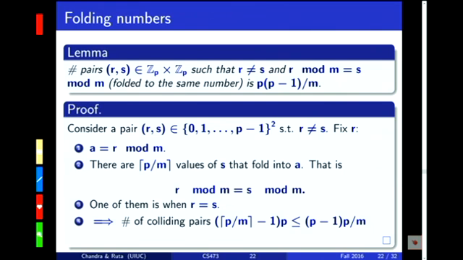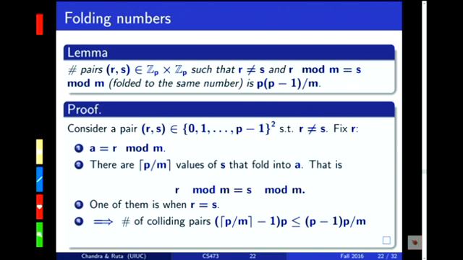P, right? And we know that M is less than P. Suppose M is 3, and let's say P is prime, 17. A is 0, even simpler.